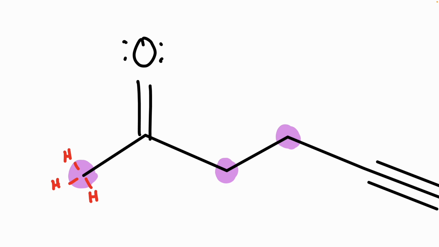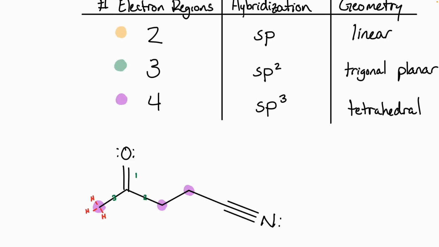Remember, a bond of any order is just 1 electron region. So even though it's a double bond, it's still only 1 electron region. And then this one, and then this one, bringing me to a total of 3. So if there are 3 electron regions, that means it's sp2 hybridized and has this trigonal planar geometry.